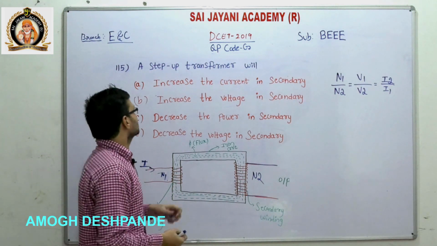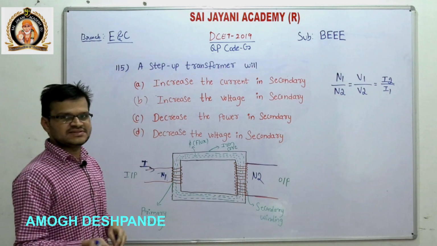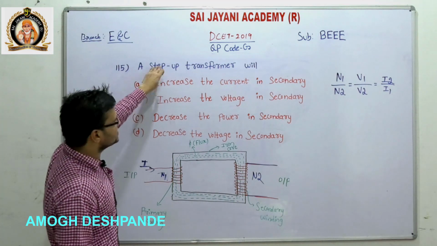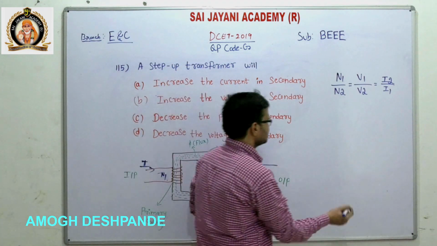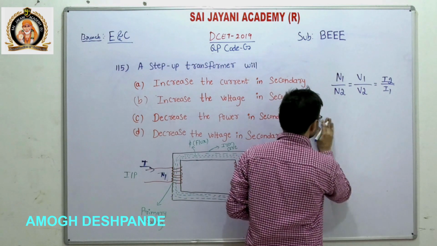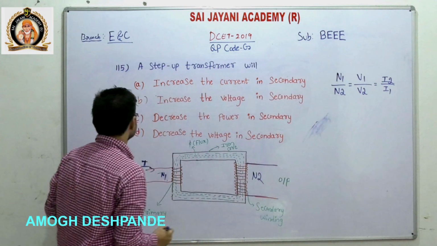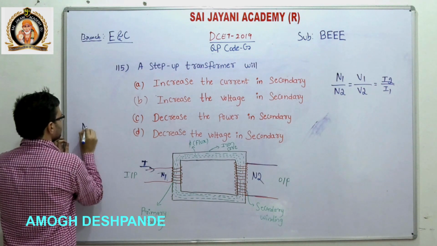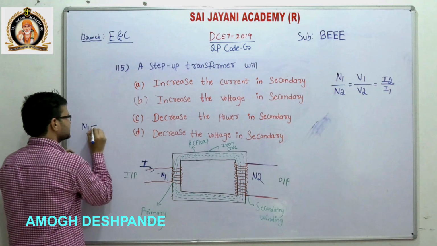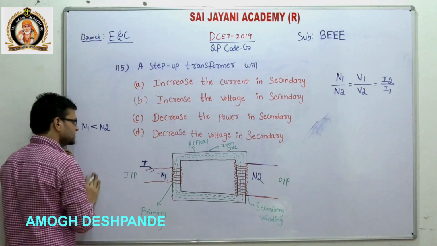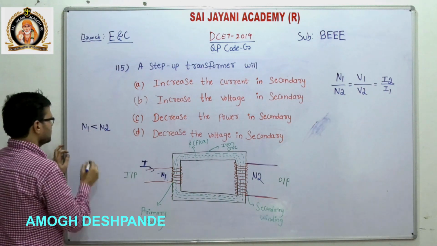Okay, a transformer is classified into two types, that is a step up transformer and the step down transformer. Okay, in step up transformer, the number of the turns present in the primary winding is less than the number of the turns present in the secondary winding.